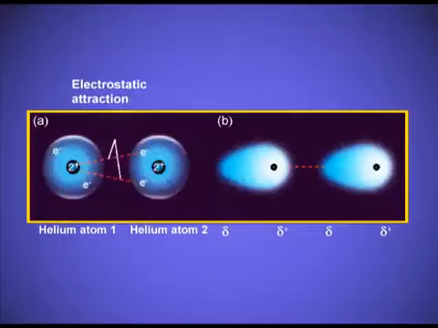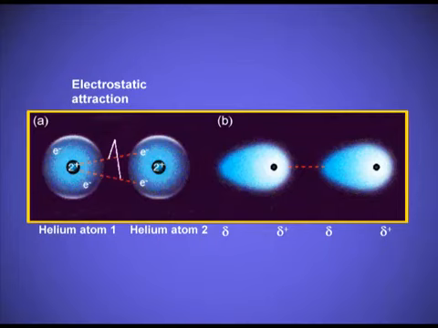You can see this in the picture. Helium atom 1 and helium atom 2. The electrons are uniformly distributed in figure A. But what happens? Accidentally, in helium atom 1, all the electrons gather at one point and it gets the partial negative charge and the other end gets the partial positive charge.